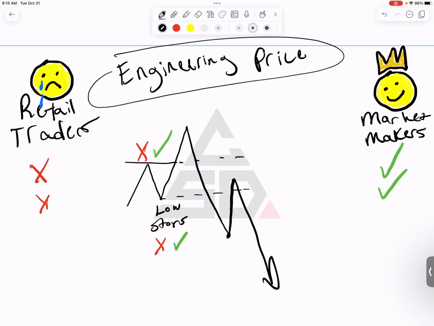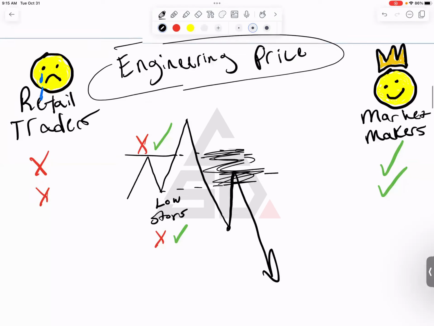You got to actually see price react from certain areas inside the breaker zone, so you can actually get confidence in taking that breaker. So those are the two ways that I have seen successful entries on breakers. And also, this representation is just basically a good breakdown of how the breakers engineer price. So let's continue on to the next slide.